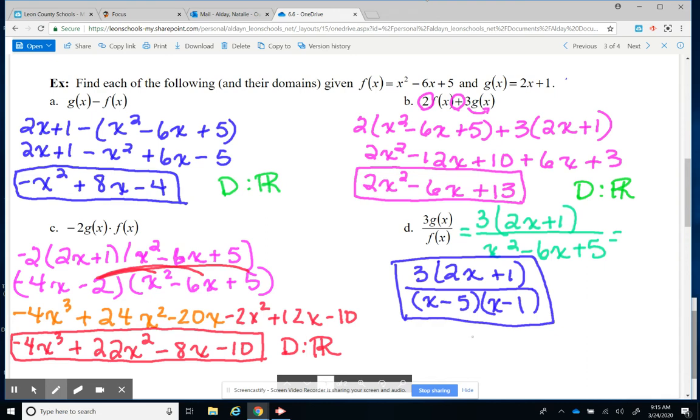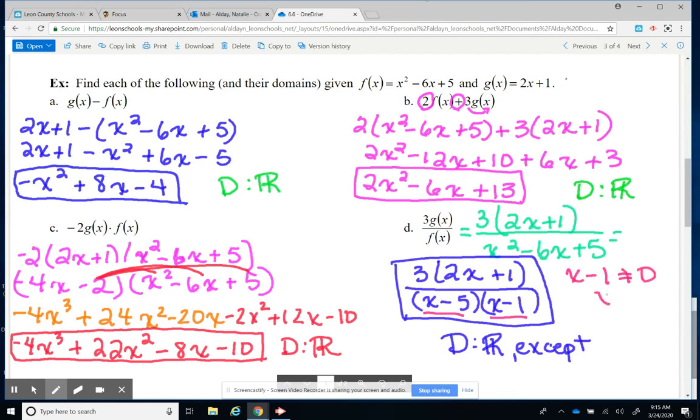Now, domain. What is your domain? Your domain is all real numbers, except, and if you remember what we did earlier, what you have to do now is you're going to take your denominator, x minus 5 and x minus 1, and you're going to say it cannot be equal to 0.